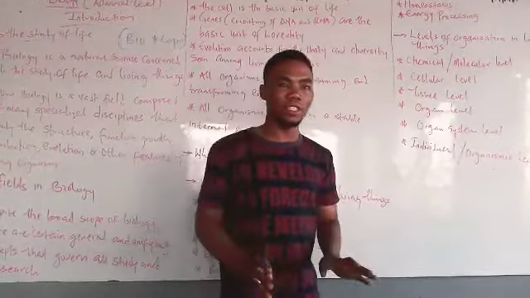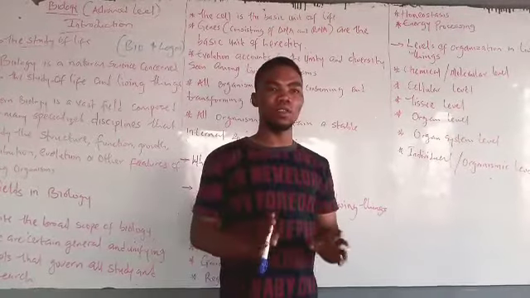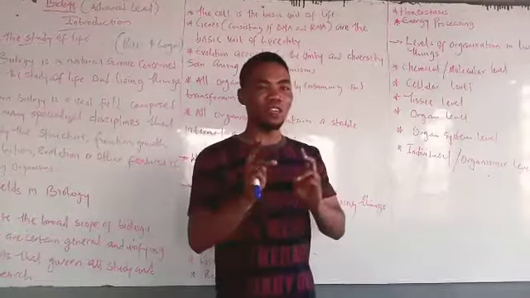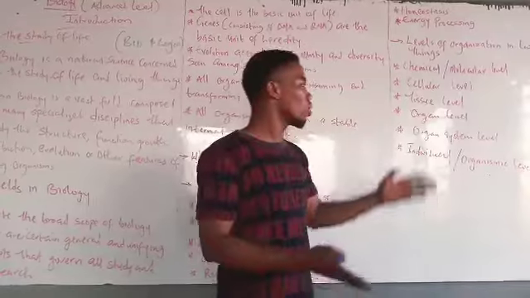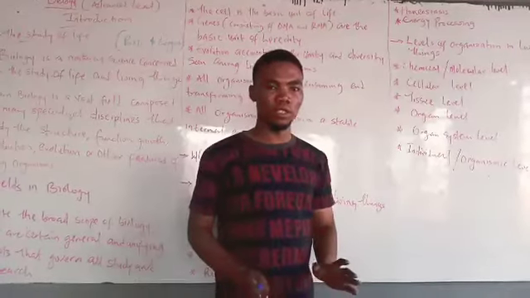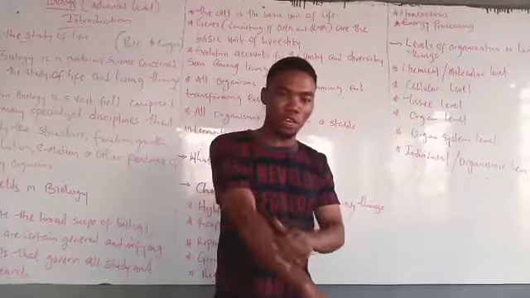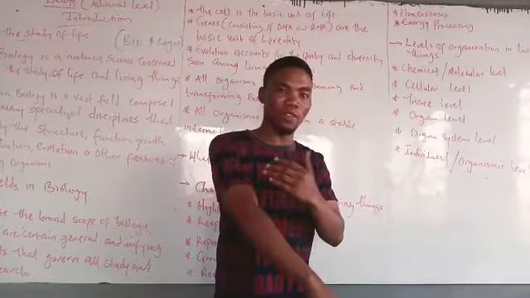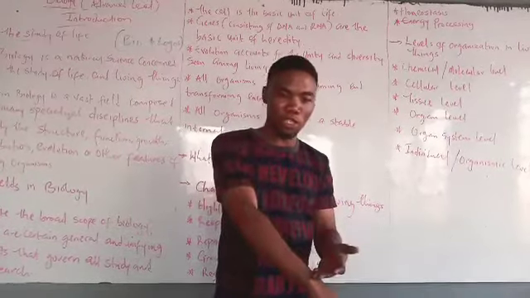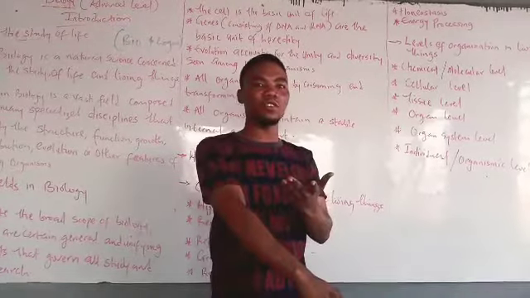So at least each organ in the body is made up of either 3 or all 4 tissues. For example, in the skin, on the surface we have the epithelial tissue, the epithelium, and underneath it we have the connective tissue.